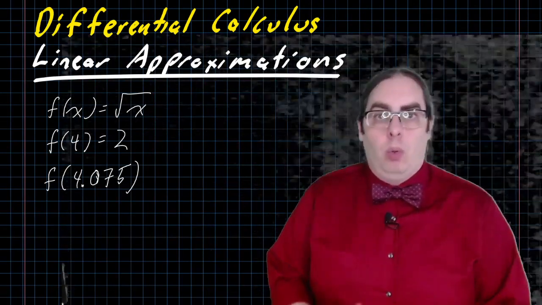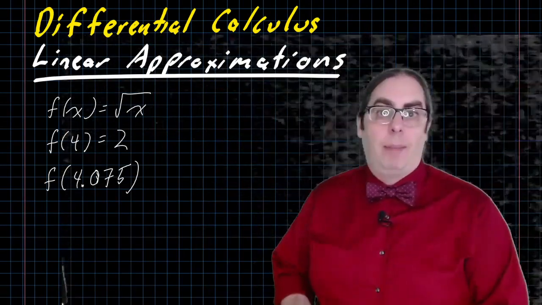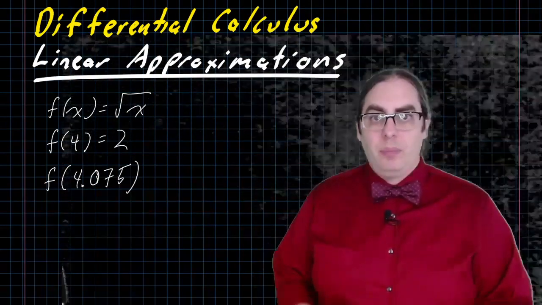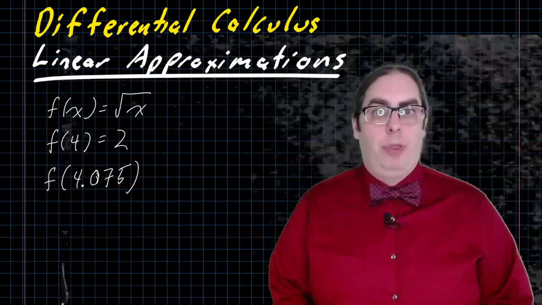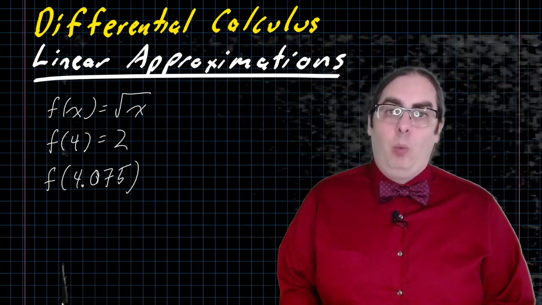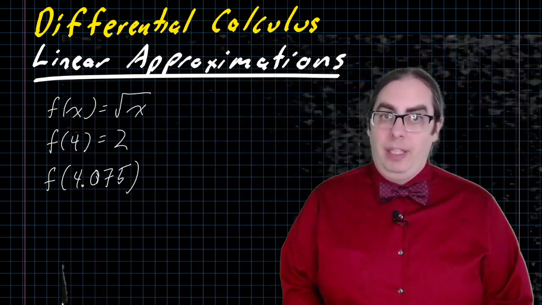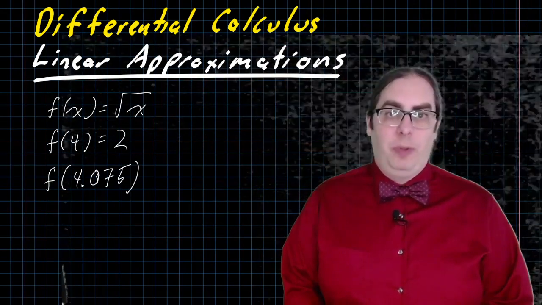I don't know the function that I'm going to be worrying about. All I know is some properties at one point. Can I use that to figure out what the properties are going to be at some other point? That's something that we can and will be able to do. We'll get there a little bit later. For right now, let's stick with the simple example.